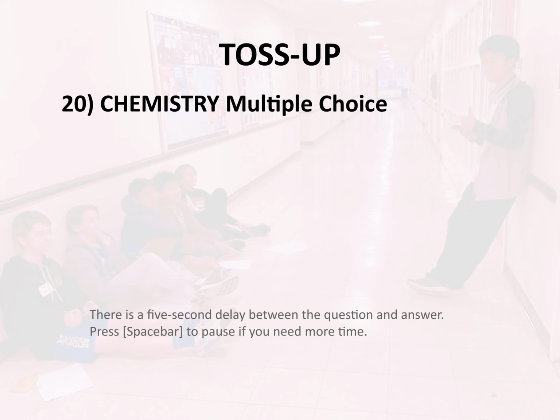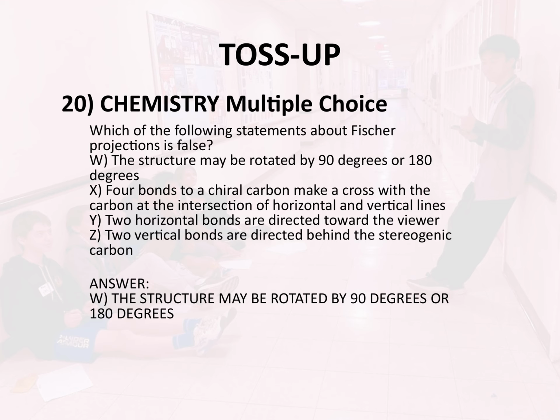Y. Two horizontal bonds are directed toward the viewer. Z. Two vertical bonds are directed behind the stereogenic carbon. Answer. W. The structure may be rotated by 90 degrees or 180 degrees.